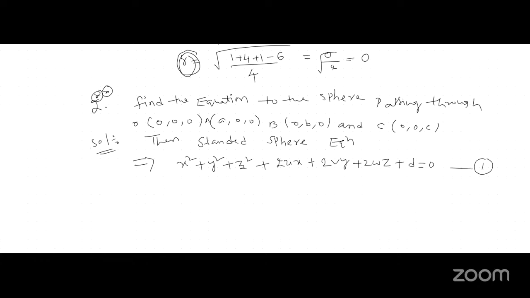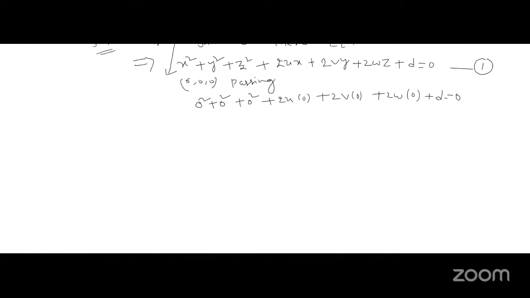Now if the point 0, 0, 0 is passing, that becomes 0 square plus 0 square plus 0 square plus 2u into 0 plus 2v into 0 plus 2w into 0 plus d equal to 0. And that is d equal to 0.